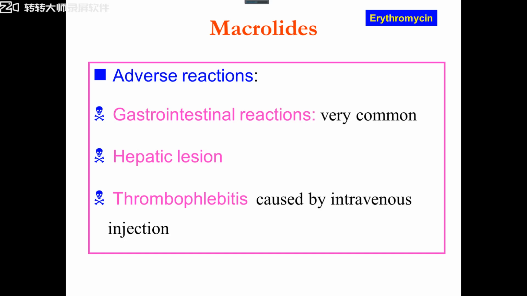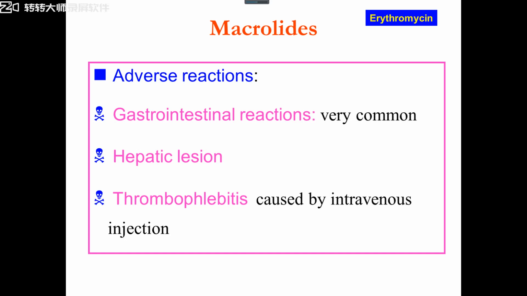So I want you to remember, in clinic, 4 kinds of drugs have obvious hepatic toxicity. The first one, erythromycins, meaning macrolides, the second one is tetracyclines, the third is rifampicin, and the last one, lincomycin.